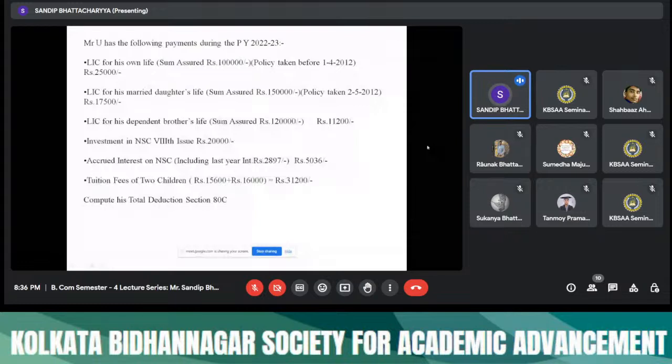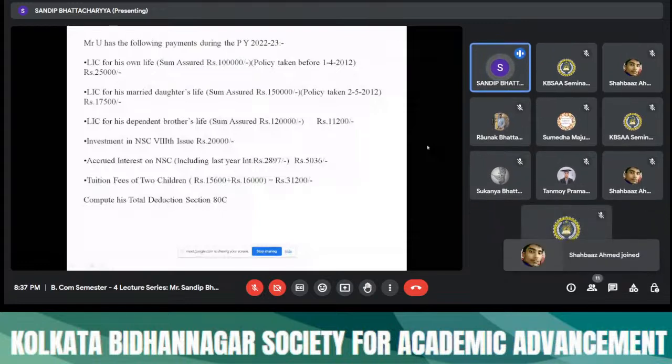Please note down these dates of the policy taken. You have surely seen before 31st March 2012 and after 31st March 2012, there is a criterion there. Whenever I read the sum and it gives me dates, it must strike in my mind why it is telling me this.